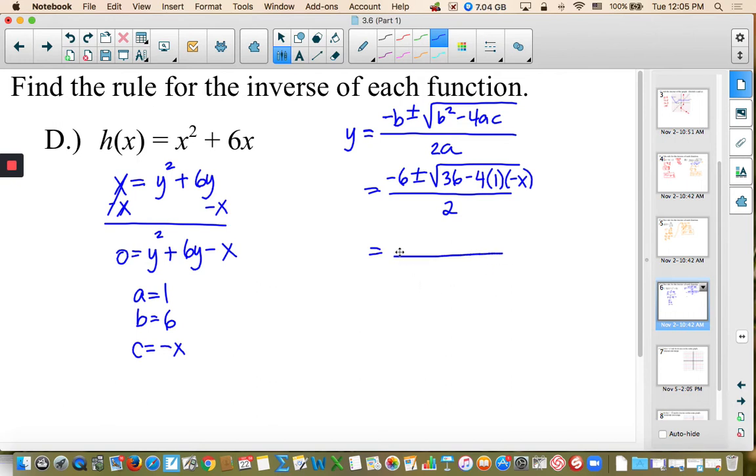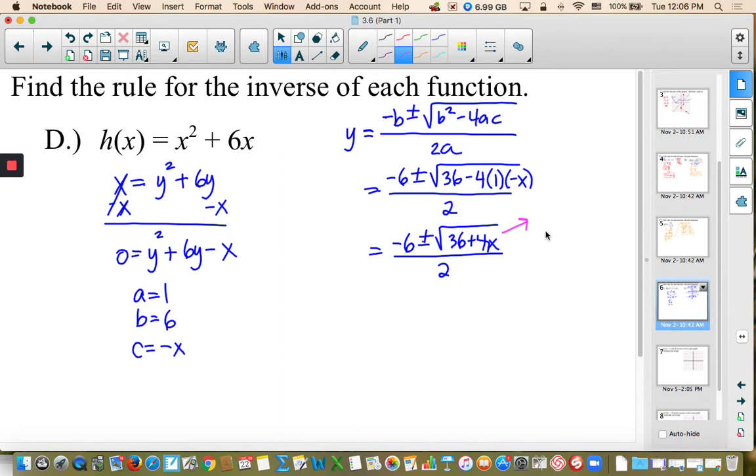Underneath the radical there, I have negative 6 plus or minus the square root of. If I simplify that, negative 4 times 1 times negative x would be plus 4x. So this would be 36 plus 4x all over 2. And then I can simplify that a little more because you might notice underneath the radical here, the 36 and the 4x, those are both perfect squares.